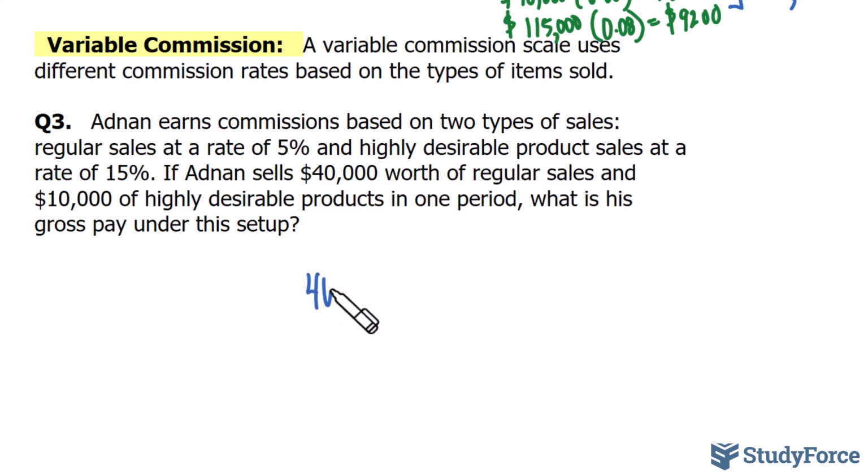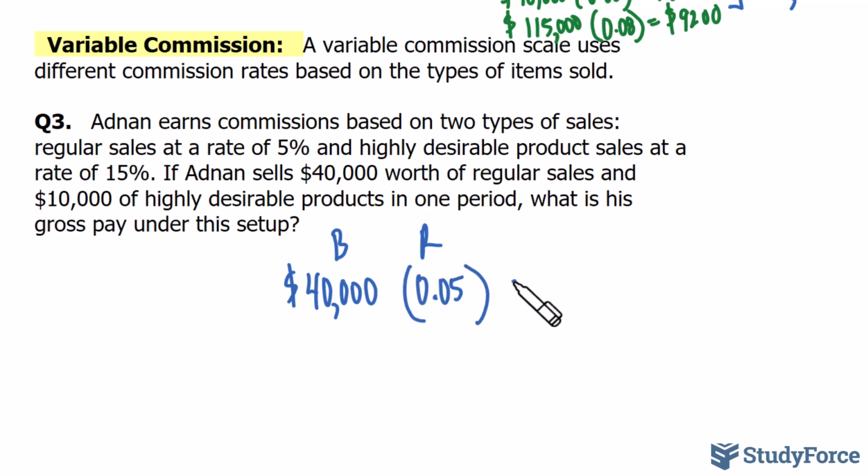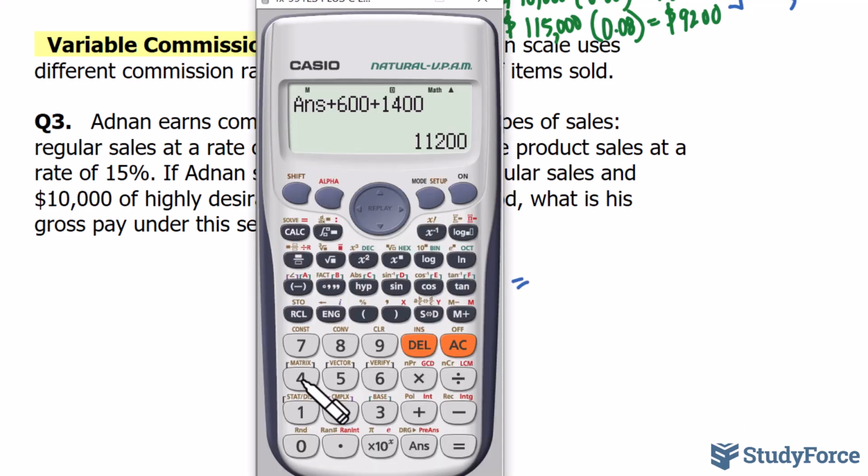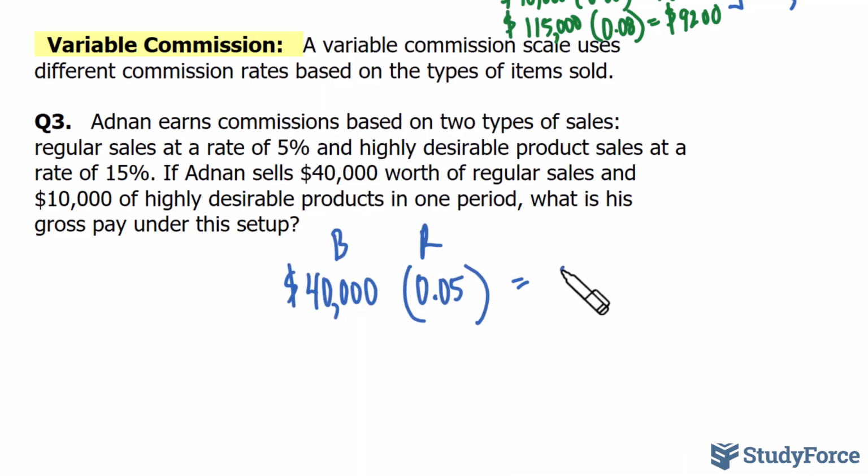So we have $40,000 worth of regular sales. We'll use that as our base value and multiply it by the rate of 0.05 to find out how much he earns from that alone. From that alone, he earns $2,000.